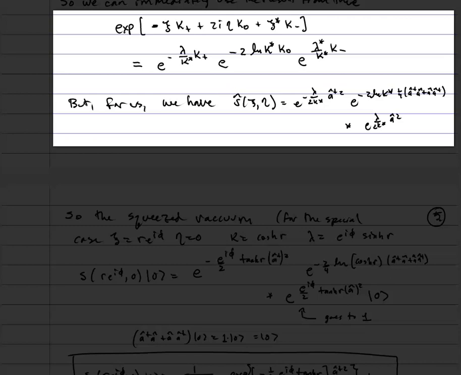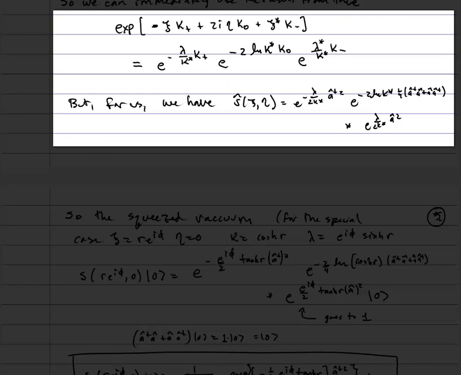We find that the squeezing operator can be written as e to the minus lambda over 2 kappa star a dagger squared, e to the minus 2 log kappa star times 1/4 a dagger a plus a dagger times e to the lambda over 2 kappa star a operator squared.